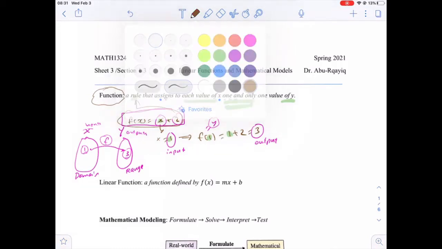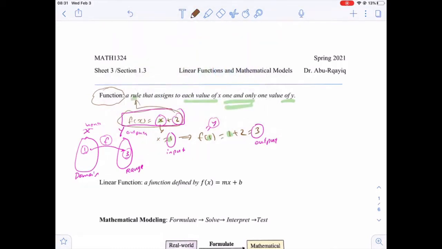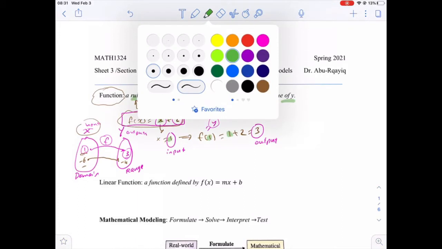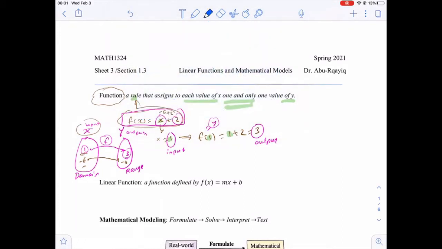If we try another value, for example negative 6, and plug negative 6 in here plus 2, that gives us negative 4. For each value from the set x, we have exactly one value that corresponds to this value.